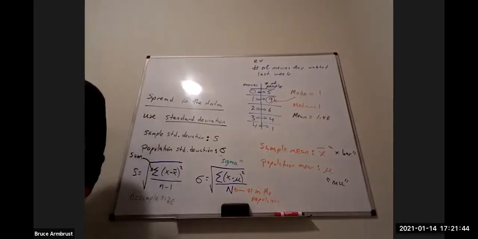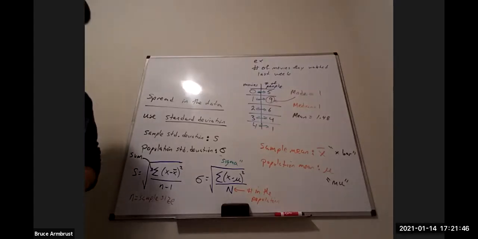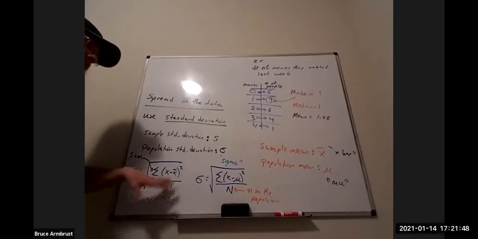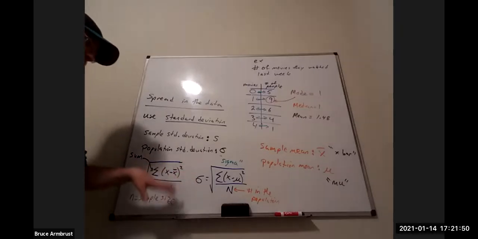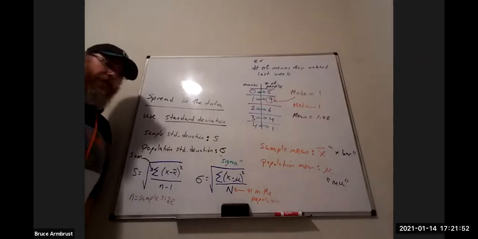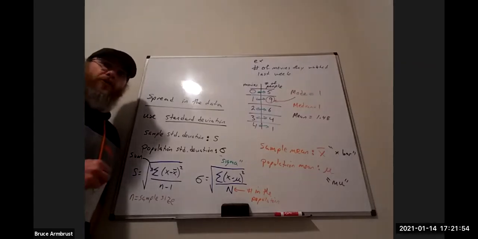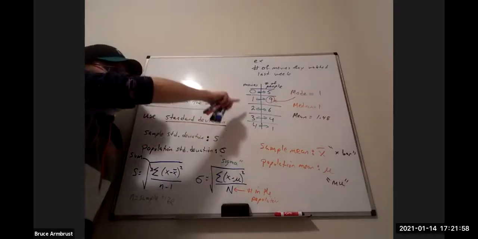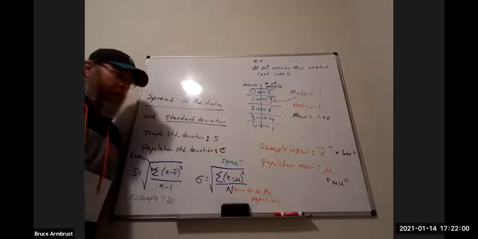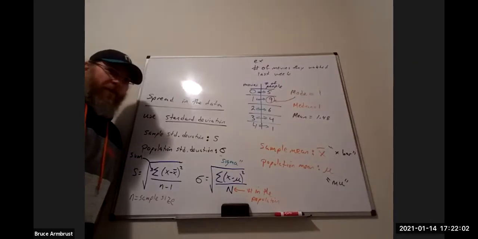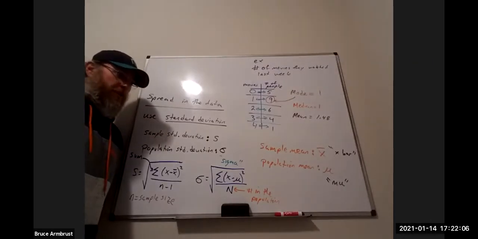Okay, so that's what all these different things mean. And this is how we actually calculate the standard deviation. So I will show you how we calculate the standard deviation with this chart. But then I'm going to show you how you're going to really calculate standard deviation.